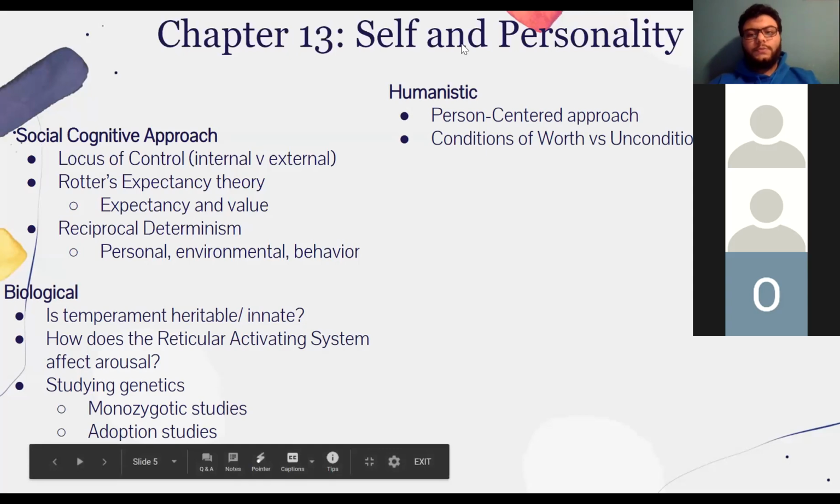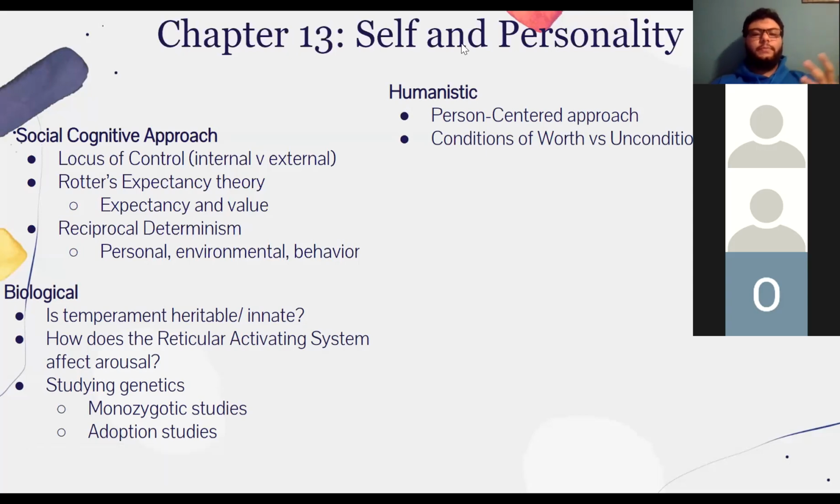Humanistic focuses more on how each person could be their best person. So kind of like disregarding all the baggage and negative things that we each do and focusing on the good. So person-centered approach. In therapy, that would be focusing on the person and their problem and not including anything outside of that.